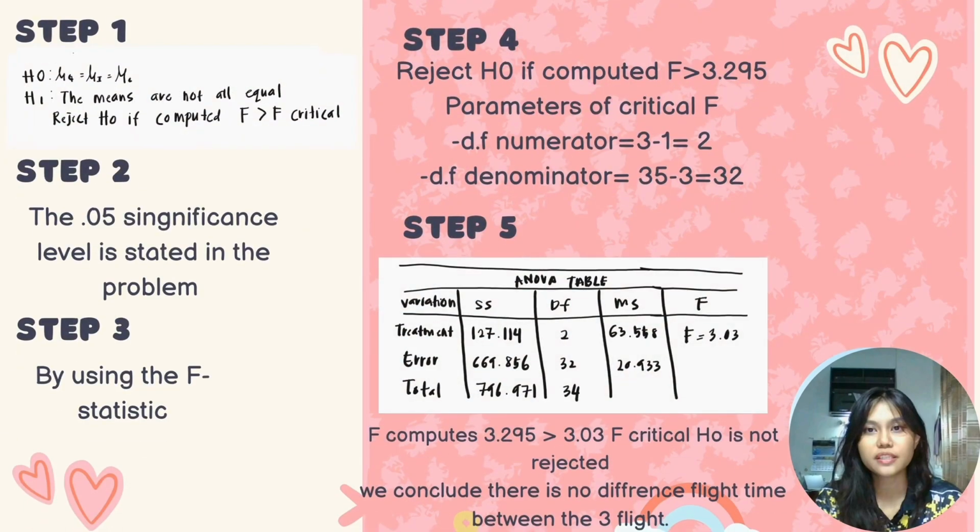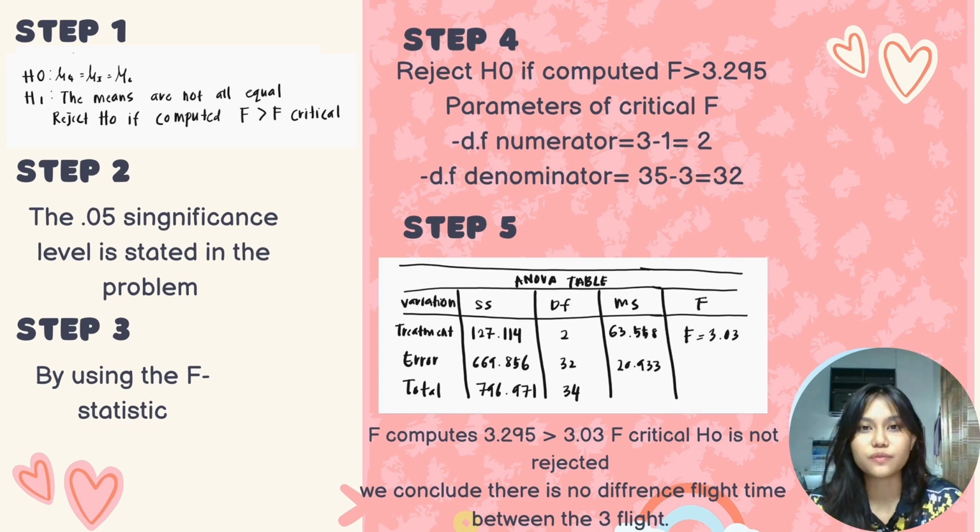For question 3C, step 1, H0 is mean G equal to mean I equal to mean C. H1, the means are not all equal. Reject H0 if computed F is greater than F critical. Step 2, the 0.05 significance level is set in the problem.